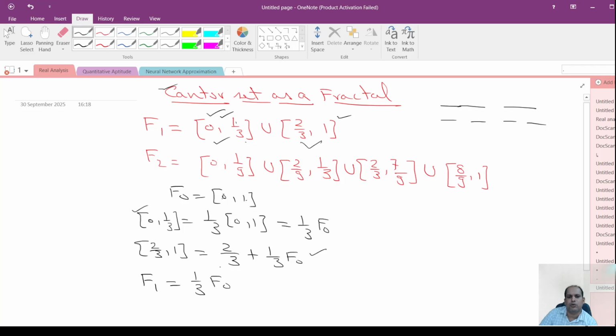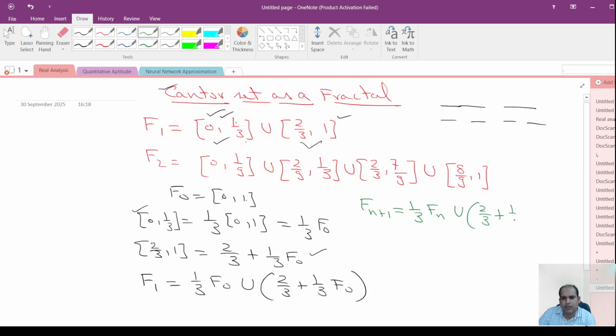In general I can write the recurrence relation as F(n+1) equals 1/3 of Fn, the previous one, union 2/3 plus 1/3 of Fn. This is the recurrence relation to generate fractals.